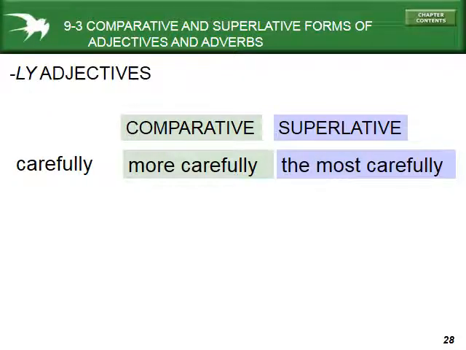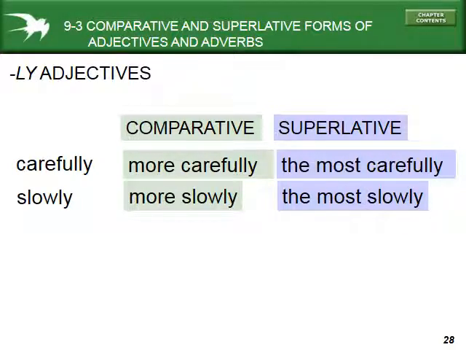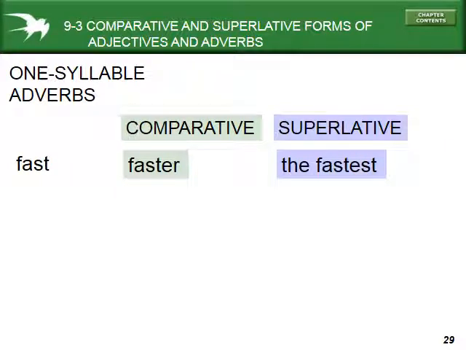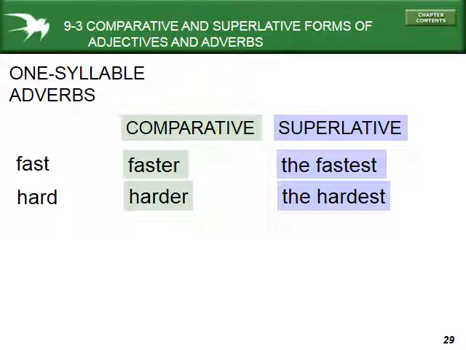With adverbs that end in ly, we're going to use more and the most. So more carefully, the most carefully, more slowly, the most slowly. Okay, we use more and most. There are a couple of 1-syllable adverbs like fast, and this other one, hard.